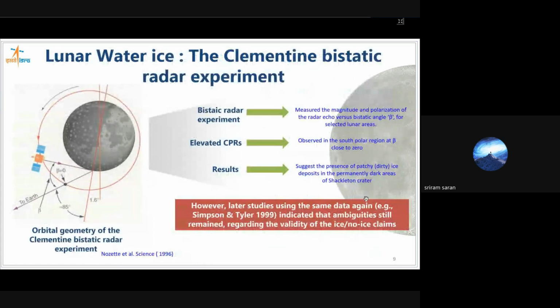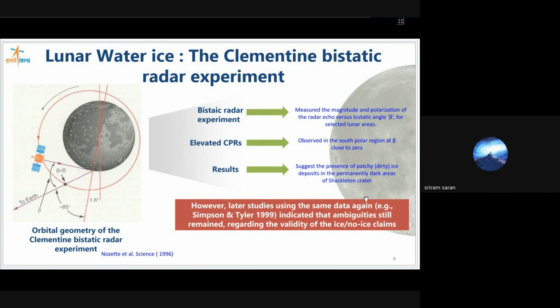So let's start with the Clementine bistatic experiment, because this is the start of all the radar experiments we have to date. So Clementine had a radar on board the Clementine spacecraft. What they did was they transmitted from the radar. They pointed it at the lunar poles, and then it was received at the ground stations.